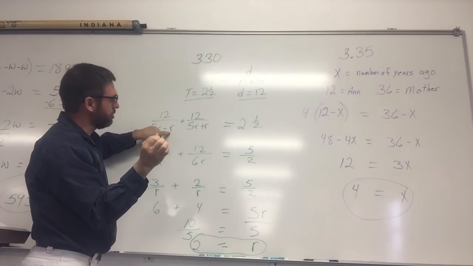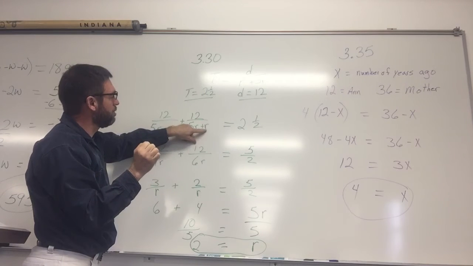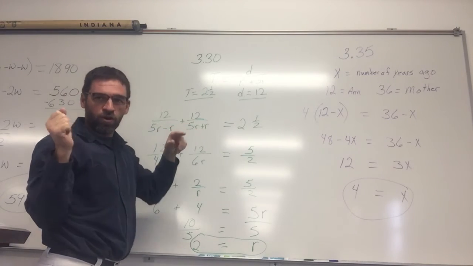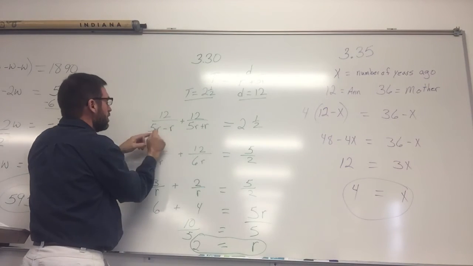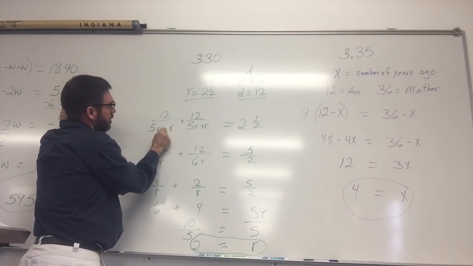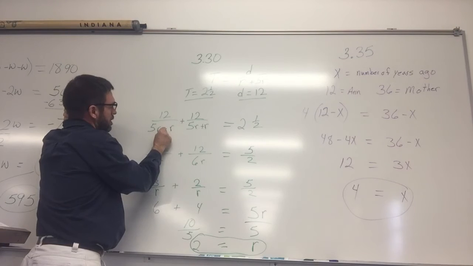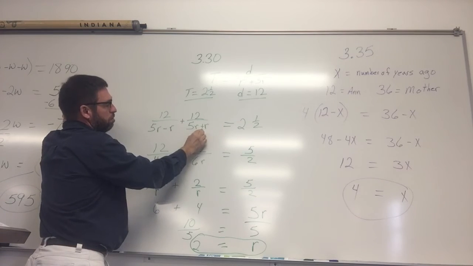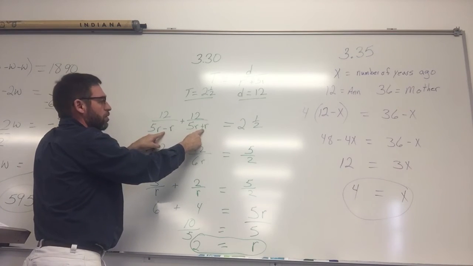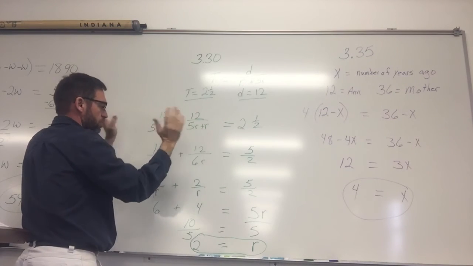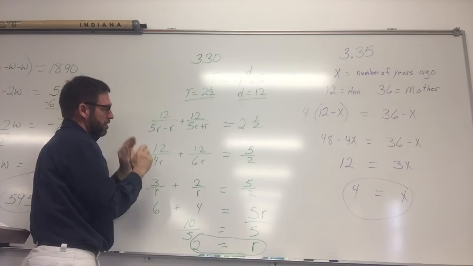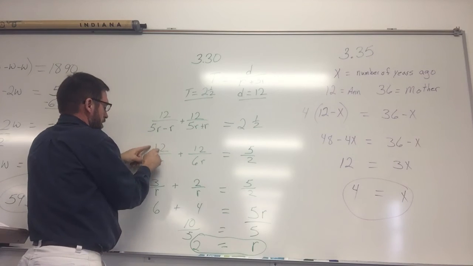And here as he was coming back, the river current was helping him go faster, so you added it. The only difference is the R is subtracted here, and here it's added. So you got 2.5. You could have skipped that point if you wanted to. It's not important.